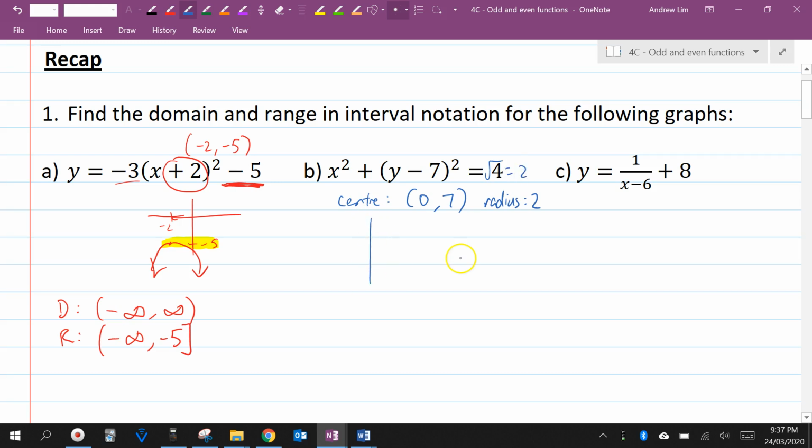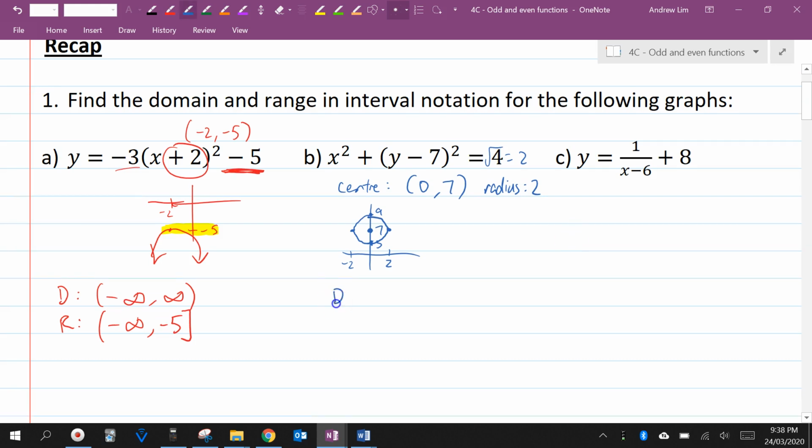So when we draw this, 0, 7 is here, and we have a radius of 2. We'll just call that 5. And 9. I know it's not to scale. That's okay, but it's going to look something like that. So the domain, or the x values, is from minus 2 to 2.